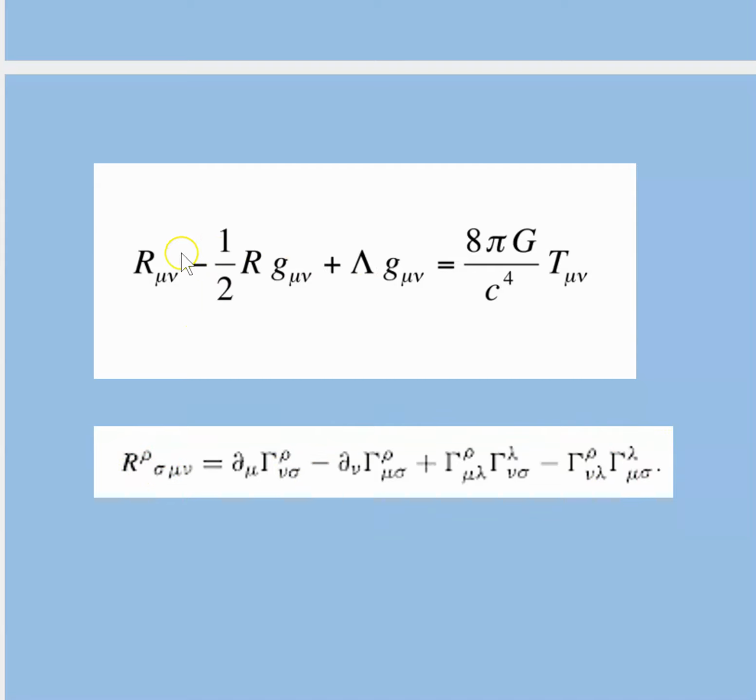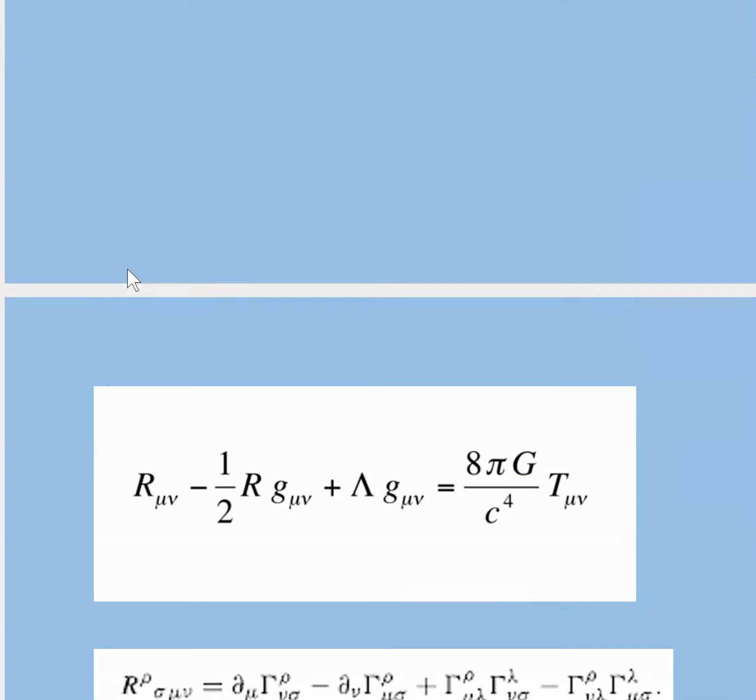So we take that here and put it in here. So we have all values on this side in metric tensor and all values on this side in mass. So we need to know this side or that side. If you know the mass, then we can calculate the metric tensor.